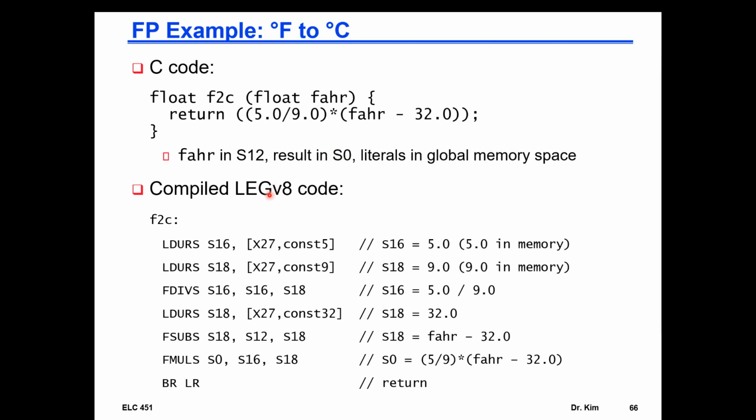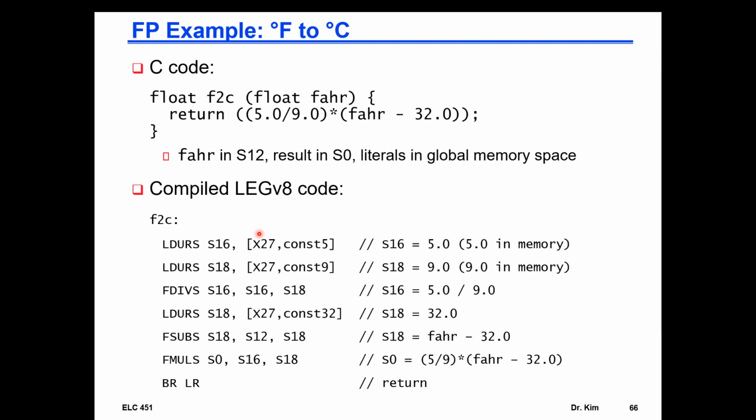The first thing is that the constants, which is what literals are, just a fancy name for constants, are in global memory. We're assuming here that the base of this section of memory, where we have these constants, is stored in register 27. Notice that this register is an integer register, because it doesn't make sense to use a floating point register when you're talking about memory addressing, which is clearly integer.